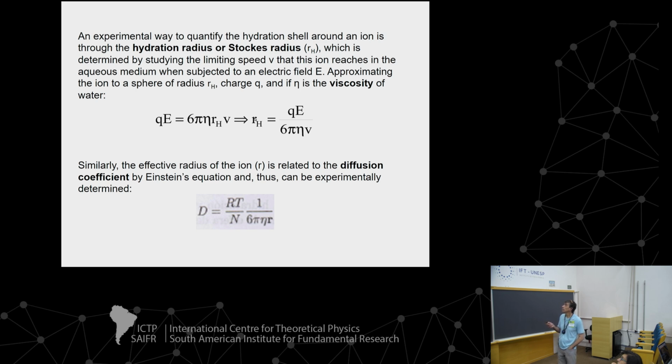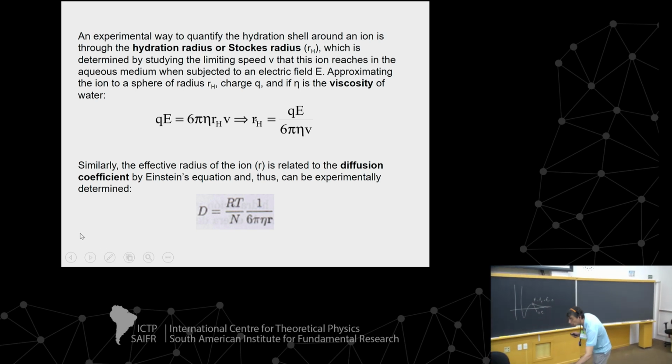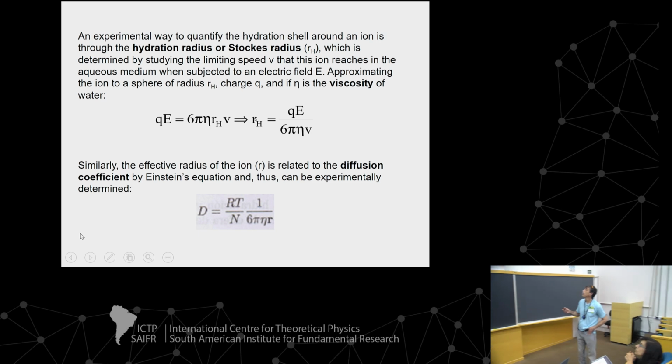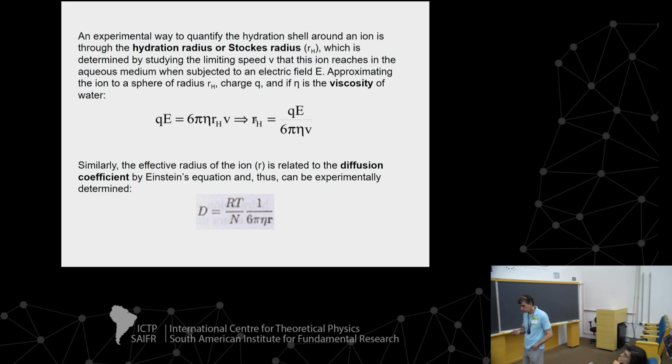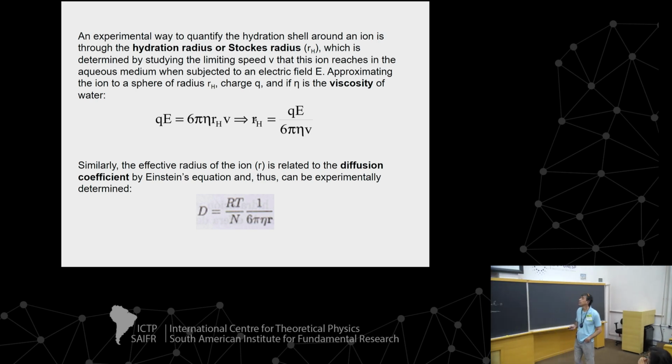For example, here you have the Stokes radius, which relates the radius of the ion with viscosity, and you can go to the diffusion coefficient, which again relates the radius of the ion to viscosity, and you can measure these quantities.